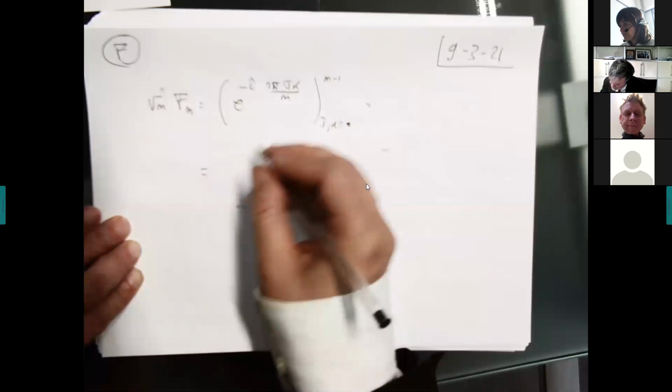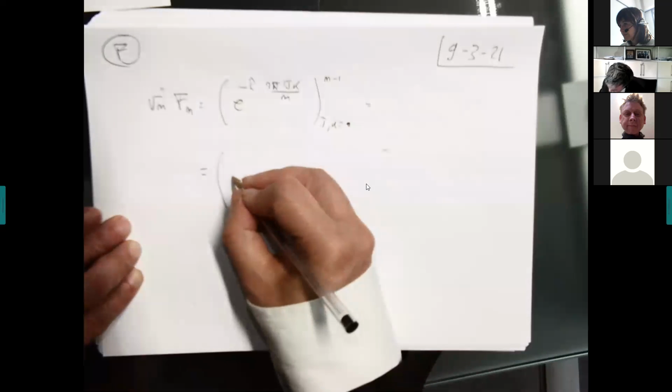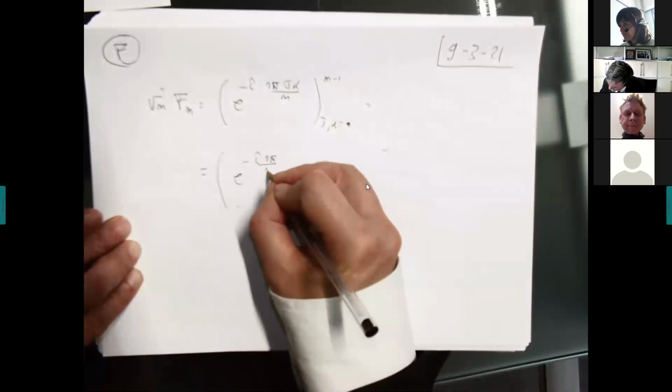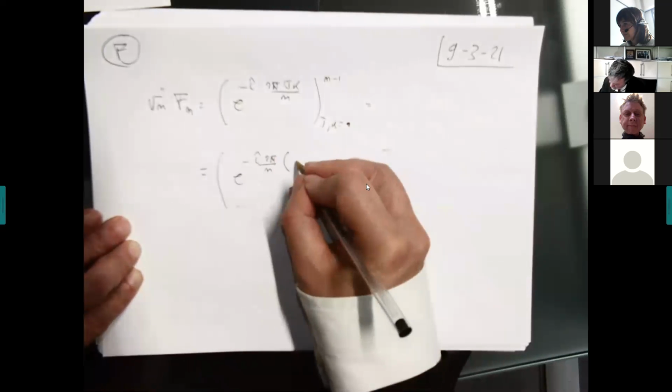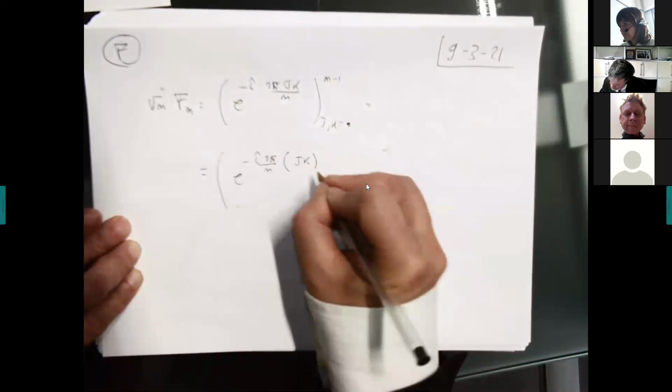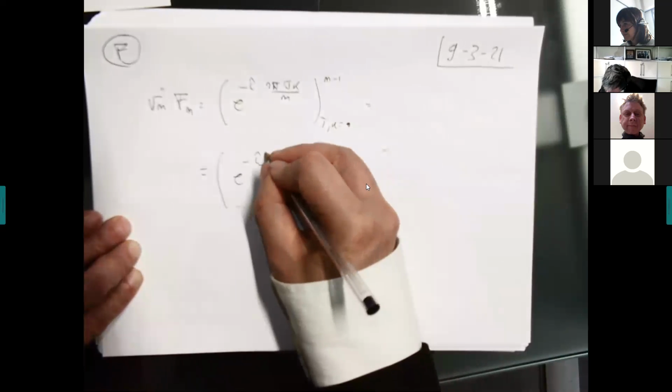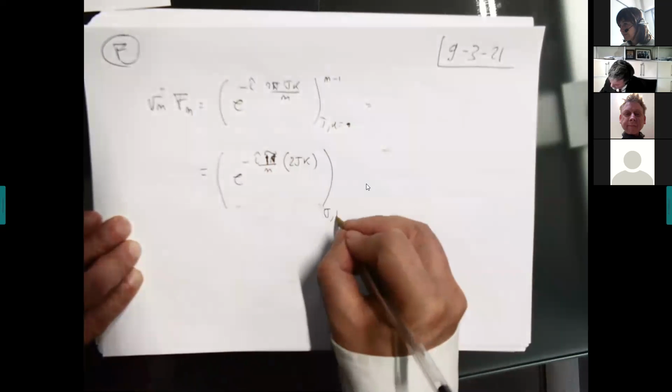I decide to see this in this way: e to the minus i 2 pi divided by n multiplied by jk. So the pi I put here and the 2 I put inside.